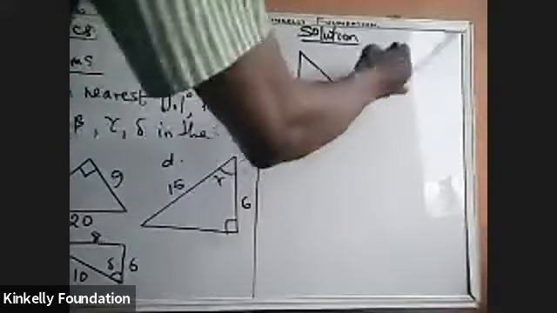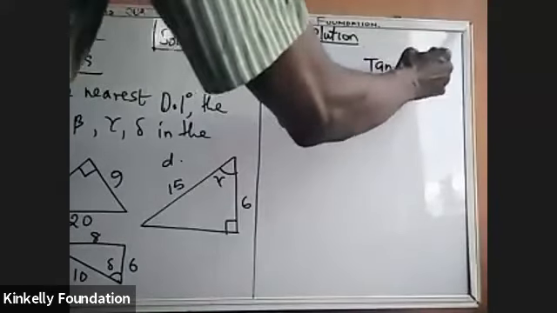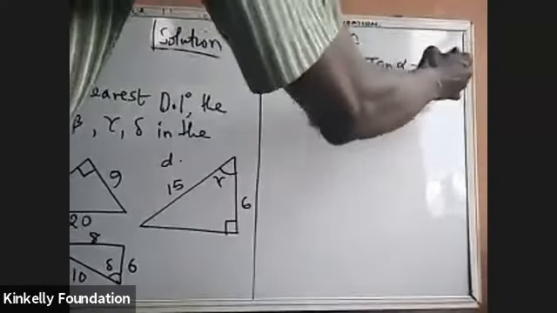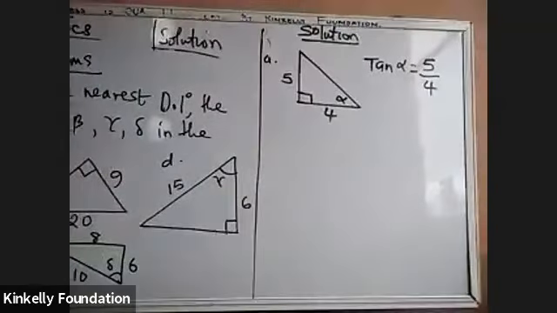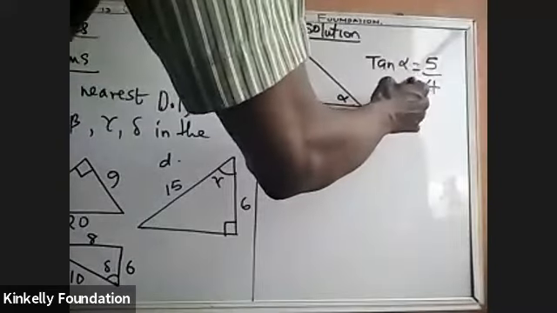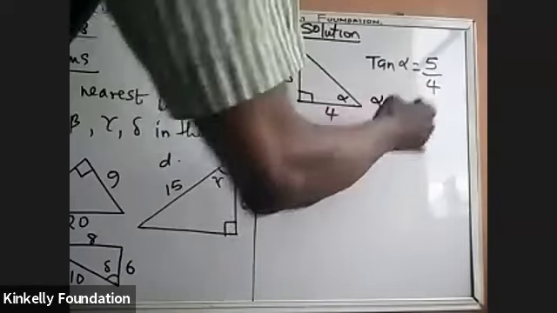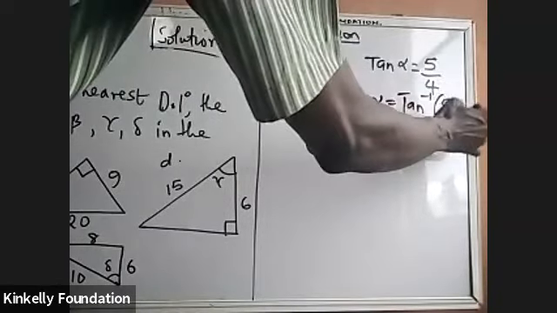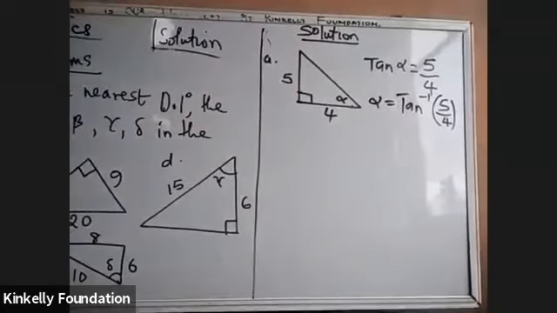So we now have tan alpha equal to 5 over 4. Now alpha will be the inverse tan of 5 over 4.